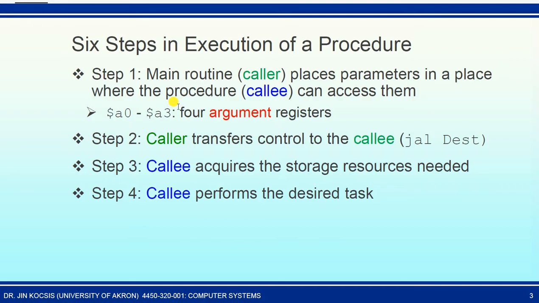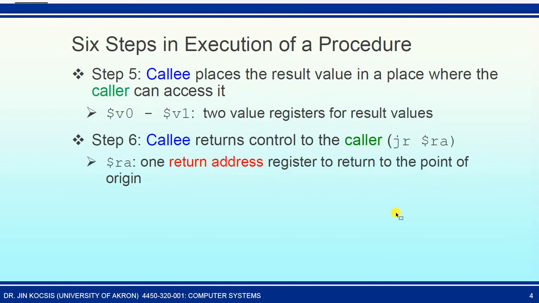So here, step 1, you can see, is to put the arguments into the general purpose registers A0 to A3, which are called the argument registers. Then the caller transfers the control to the callee, which is the sub procedure, through jump and link with the label. Then the callee requires the storage place needed, gets the arguments, and implements the desired task.